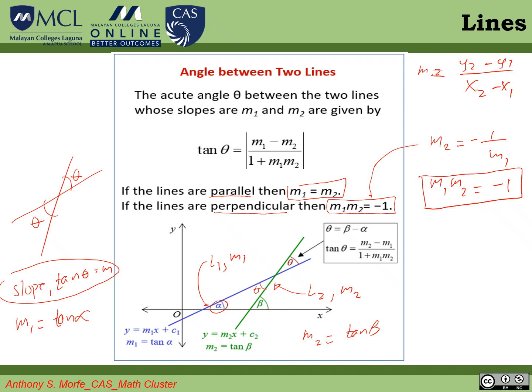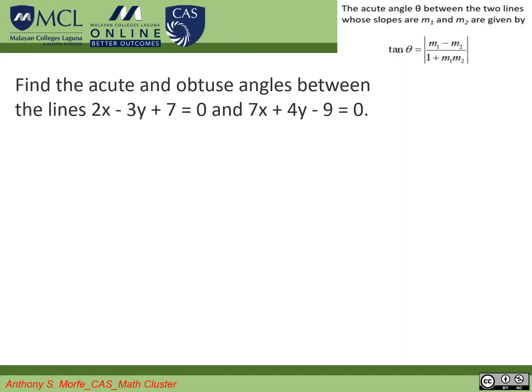I'll make a separate video of how this formula is derived. But at the moment, please just focus on this. I am after the application of this formula, class. So remember this angle theta is acute. This is an acute angle. But anyway, as I mentioned, just focus at the moment. We'll just make use of the formula to solve this problem.